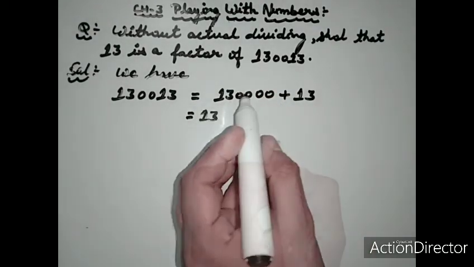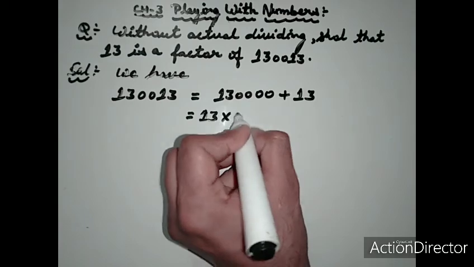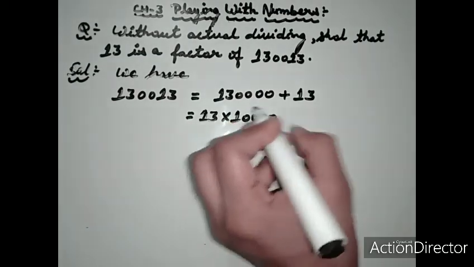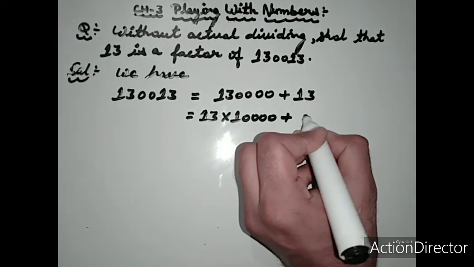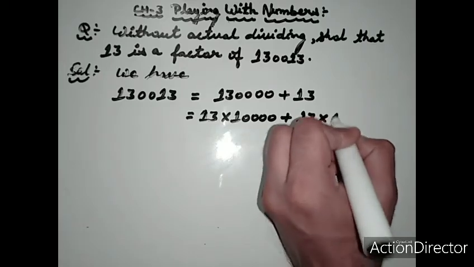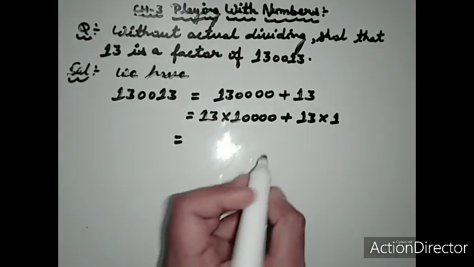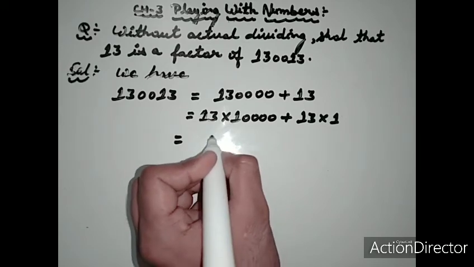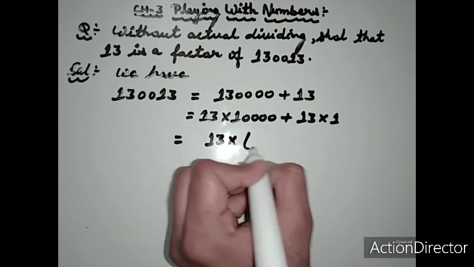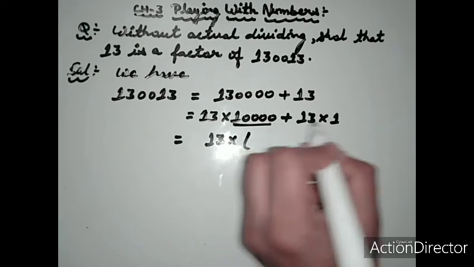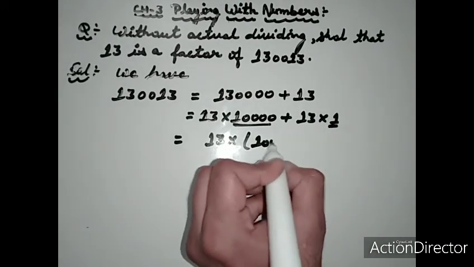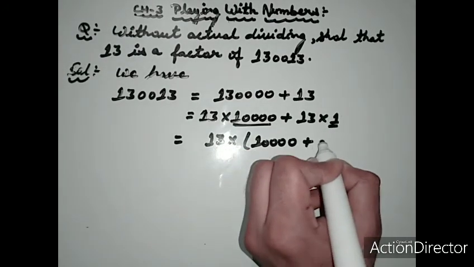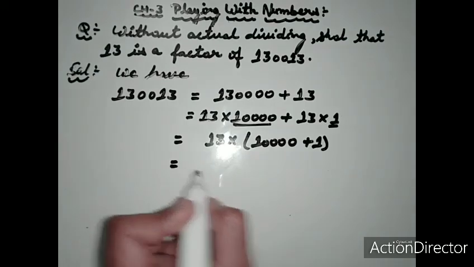Now we also observe this number. If we multiply 13 by 10,000, it gives 1,30,000. And here we multiply 13 by 1. Now we take 13 as common from these two numbers, multiplied by 10,000 plus 1.